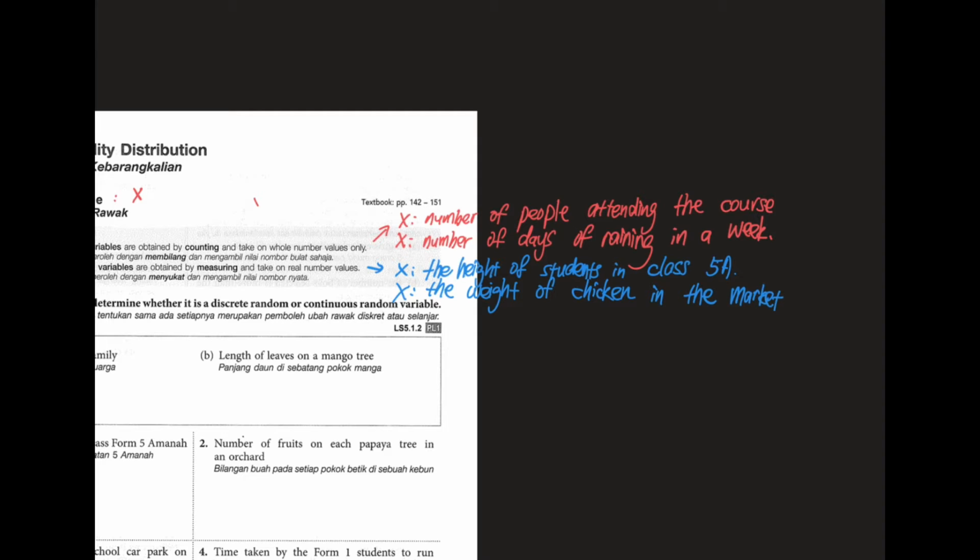It's not just taking whole number values only. So that is the difference. Two main differences: counting versus measuring, and then whole number values versus real number values. So these are the two main differences between discrete and continuous.